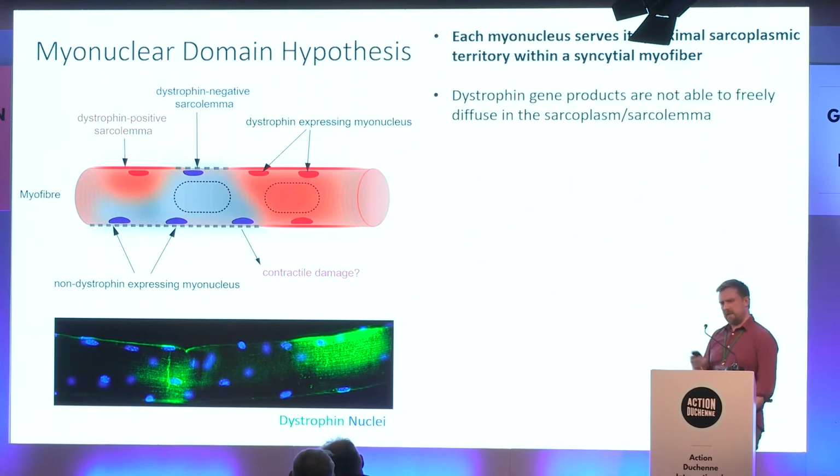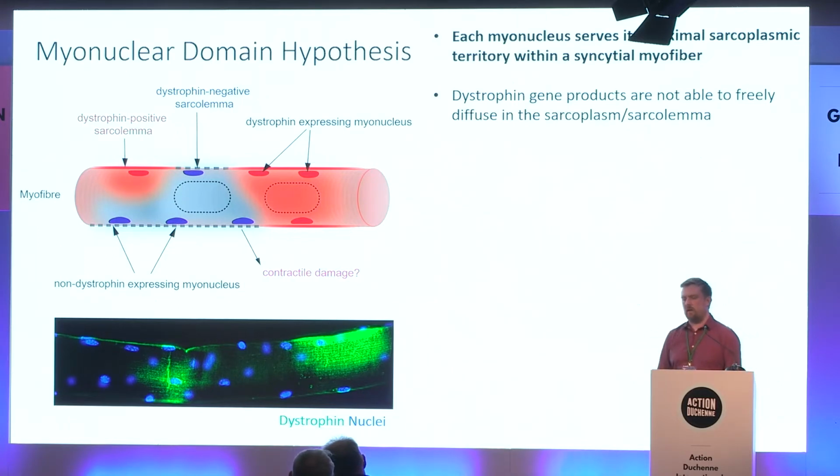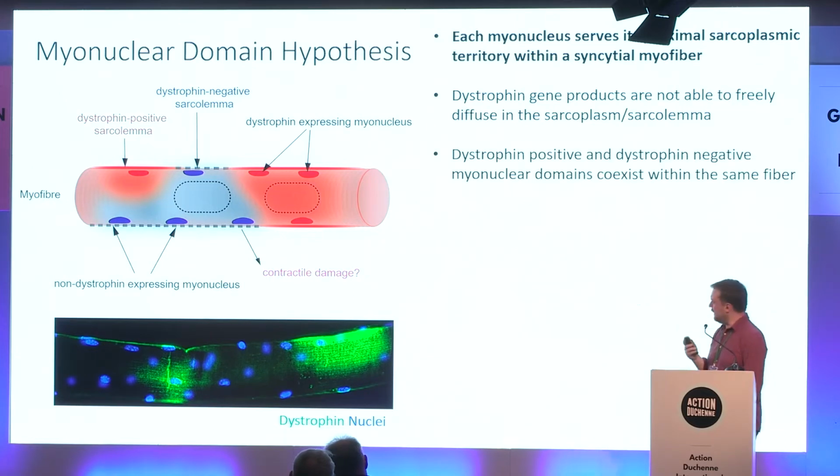And also, our data strongly suggests that dystrophin mRNA and protein aren't free to diffuse within the membrane or the cytoplasm of the myofiber. We observed that we have dystrophin-expressing and non-dystrophin-expressing nuclei coexisting in the same fiber. It's illustrated in this cartoon diagram here, but also here's a single isolated myofiber that shows a very similar pattern.